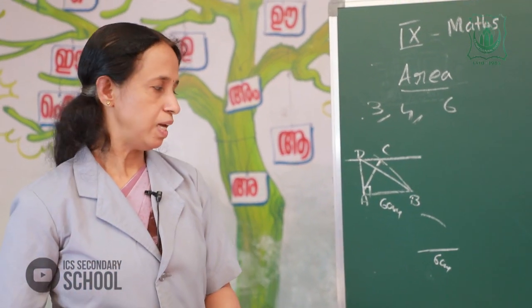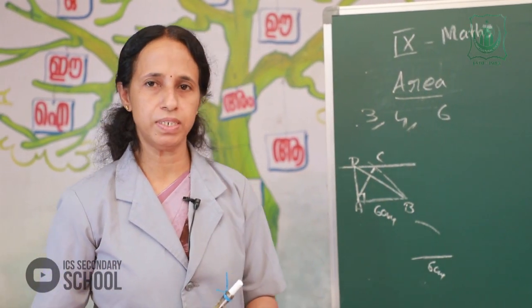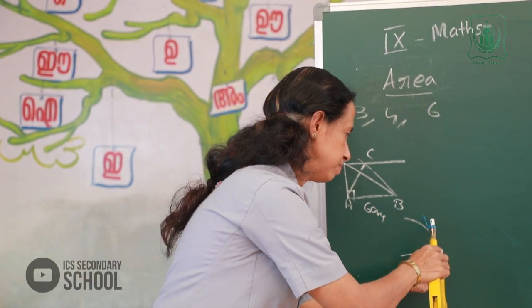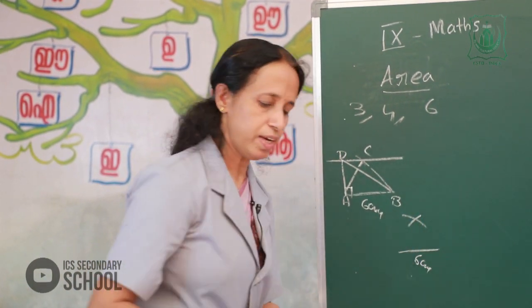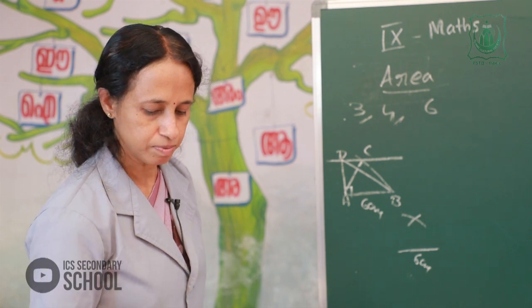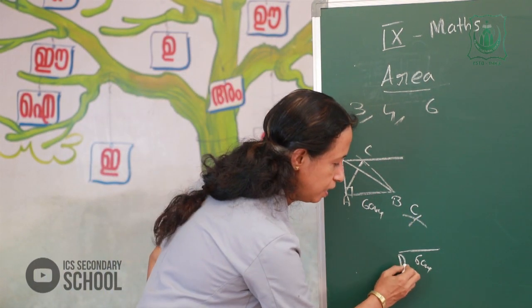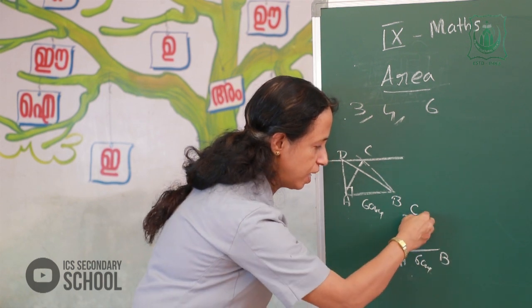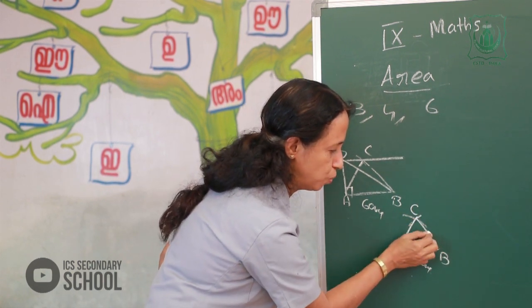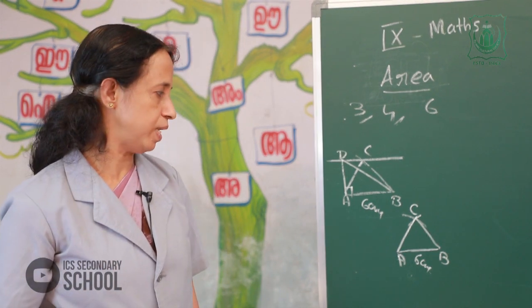Then measure 3 centimeters and draw an arc. These intersect at point C. This is AB. Connect C to A and C to B.